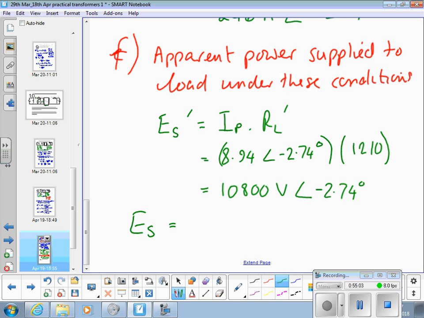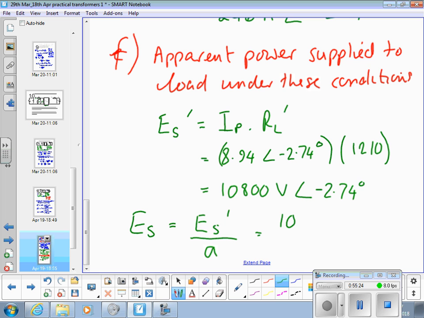What's got to happen to the voltage? Up or down? Step down transformer. This helps you to remember this. Must be ES dash divided by A. It's going to make it smaller. Yep.